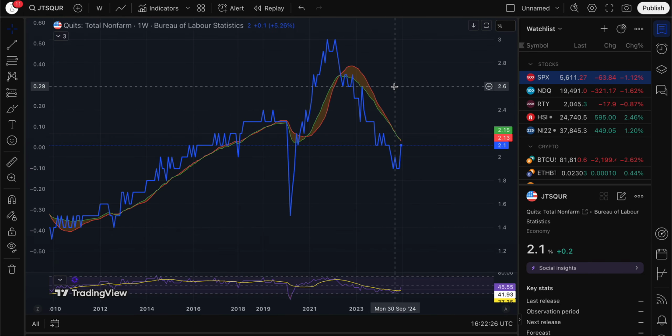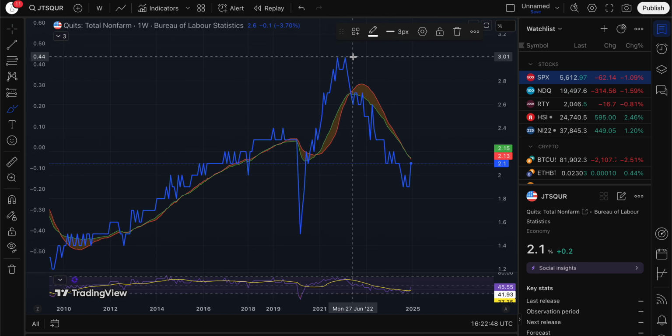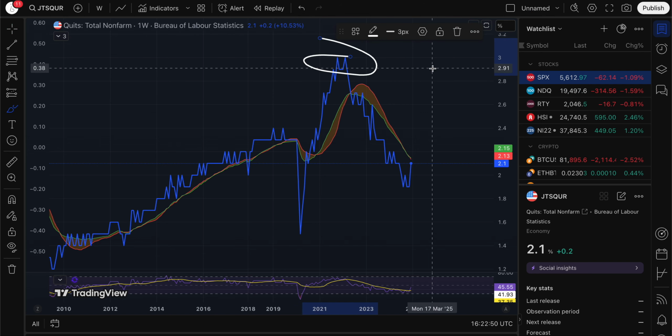On the flip side, the quits rate eliminates all of the noise, because the quits rate really, in my opinion, is a survey of people's actions rather than people's beliefs. And the way the quits rate works is, if you are at cycle highs, like here, what people are telling you is that they see abundance in the economy in the shape of many job openings.